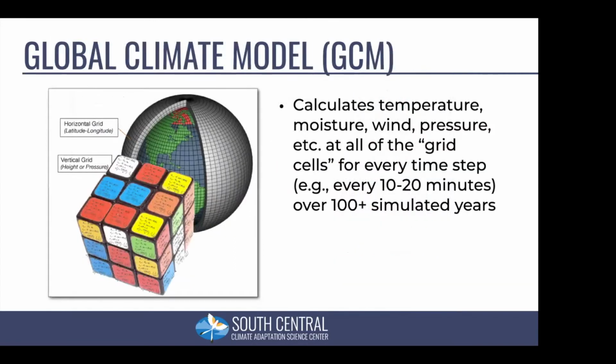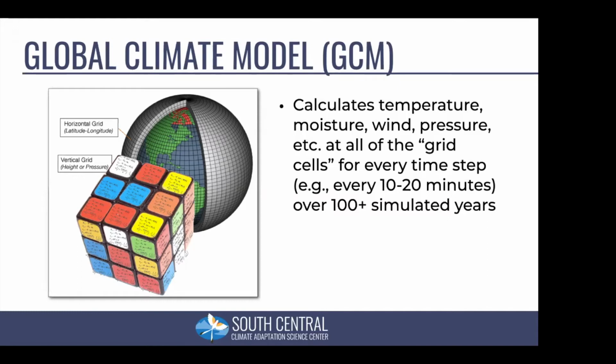So equations that describe physics, fluid motion, chemistry, and other things in our Earth system are coded into a global climate model, or GCM. In the GCM, the Earth is divided into millions of 3-dimensional grid cells, like a ginormous Rubik's Cube that's shaped like a sphere.